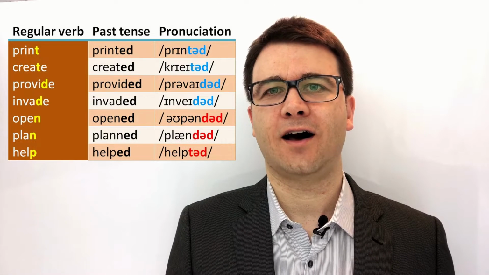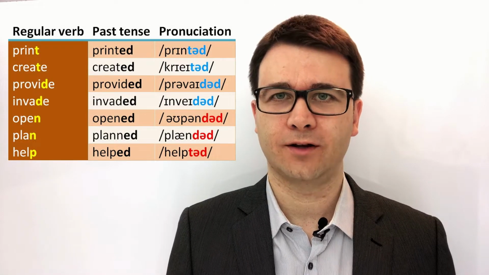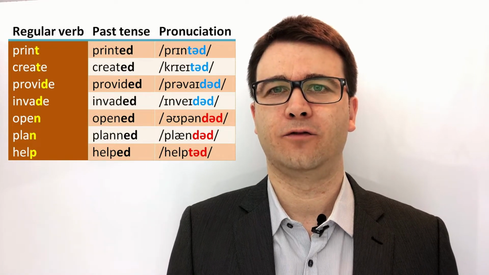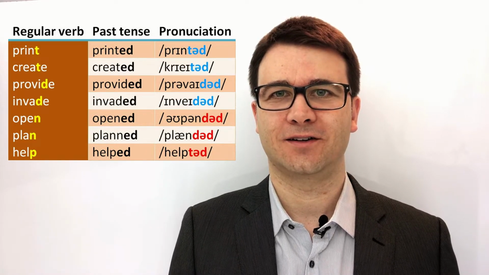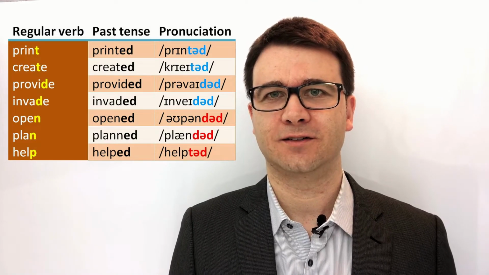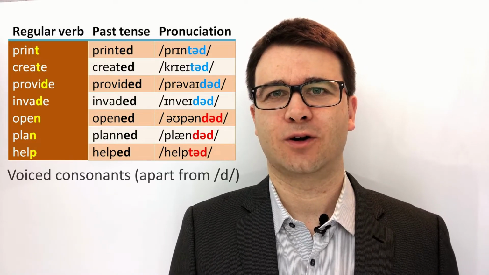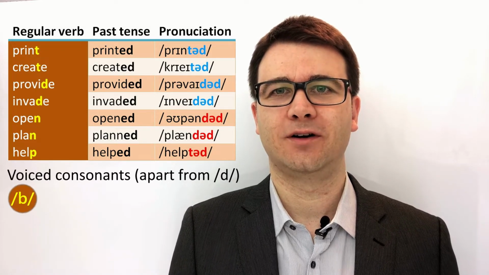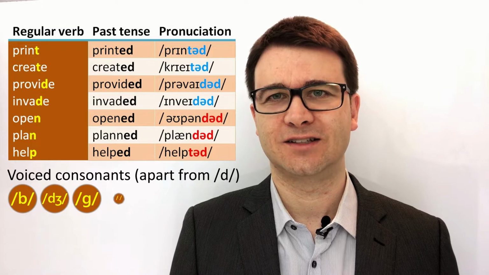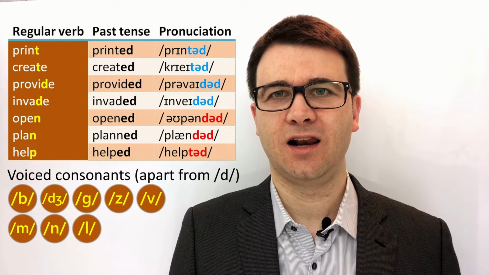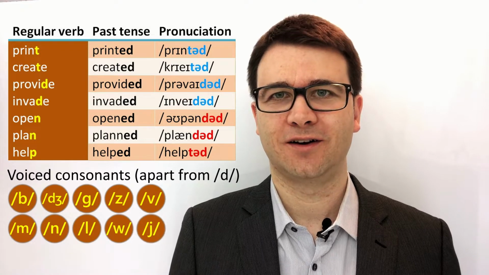To pronounce the other verbs correctly, the other regular verbs, you need to know whether the verb ends with a voiced or an unvoiced sound. So let me just describe both of these two types of sounds. The voiced sounds require you to use your voice box, and they include b, j, g, z, v, m, n, l, w, and y.